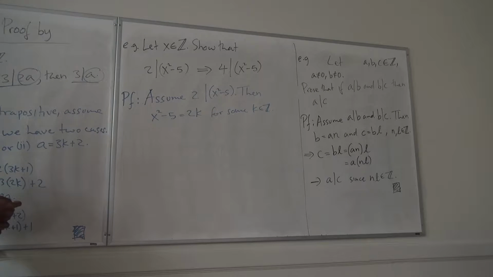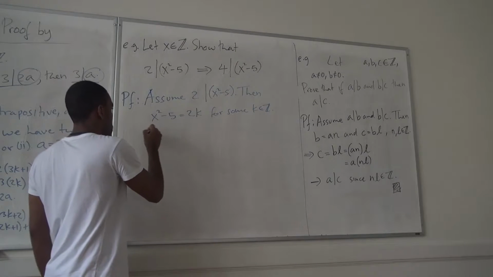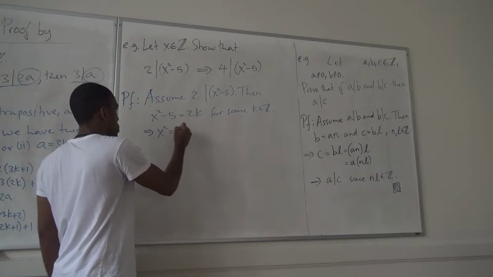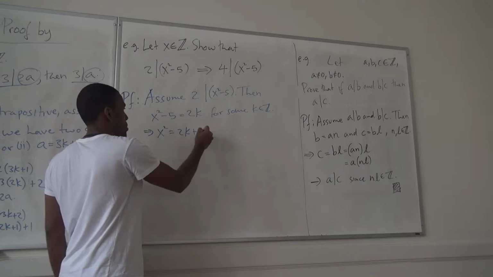Can you say something true about x? Come again? So you say x squared is equal to 2k plus 5.